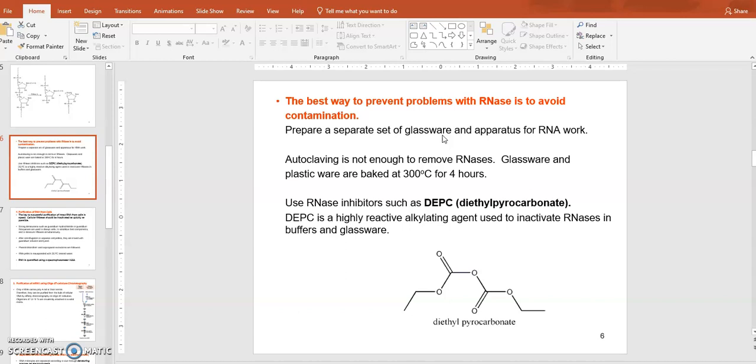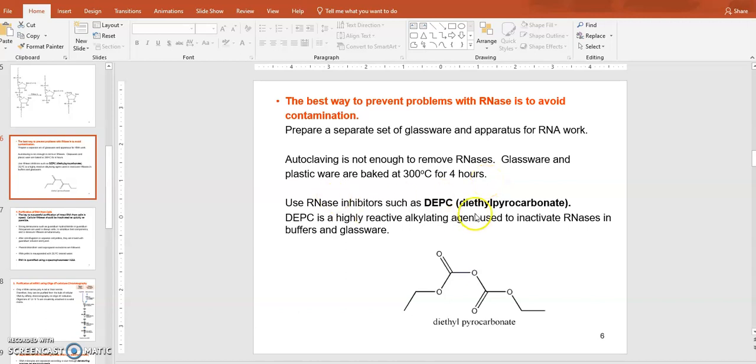Autoclaving actually is not enough to remove RNase enzymes, so they'll have to be baked at a higher temperature for a long time, like 300 degrees Celsius for about 4 hours. And then maybe the RNase enzyme can be inactivated.